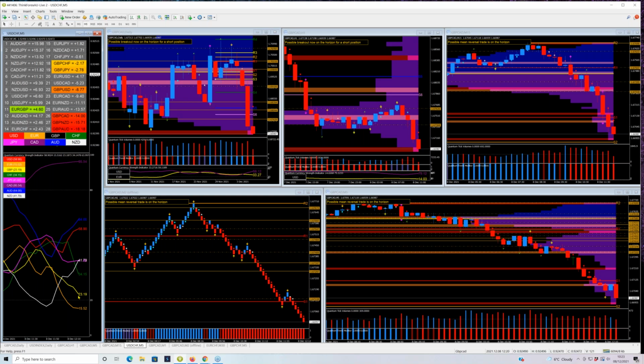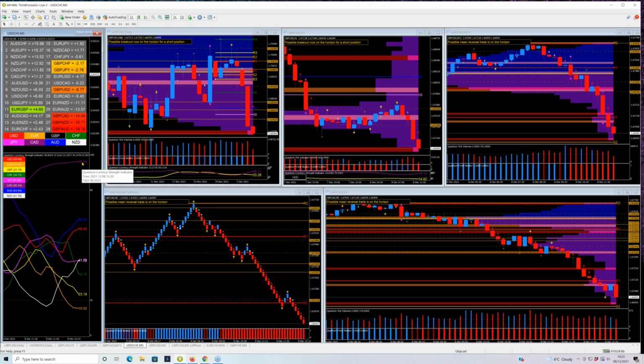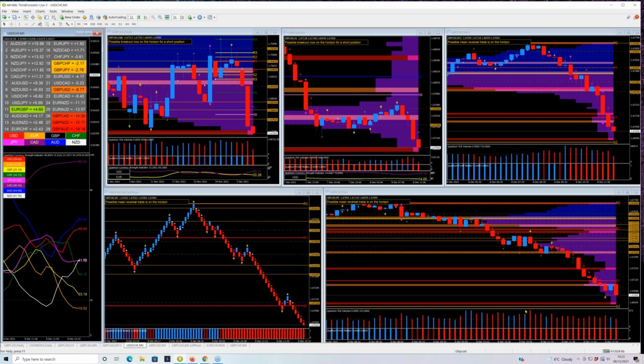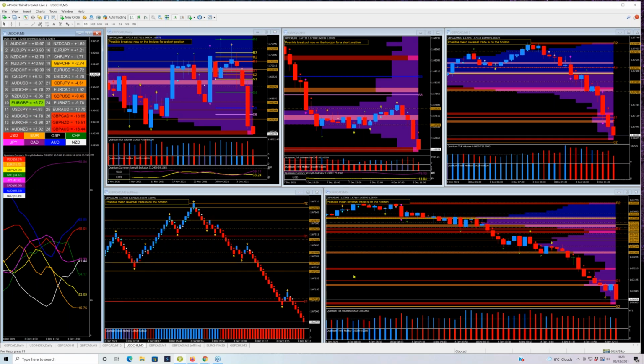But look at where the commodity dollars are. The Canadian is very overextended, the Aussie is still climbing, the New Zealand is still climbing, and this is still falling. So possibly this is coming to a reversal, but the selling of the pound may rotate.